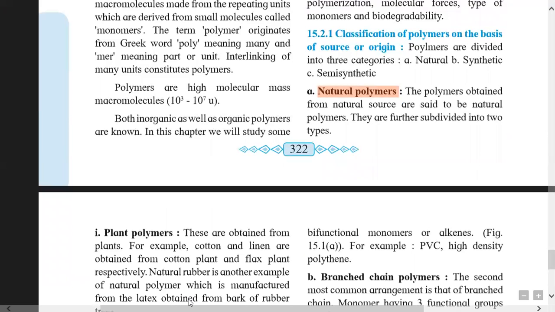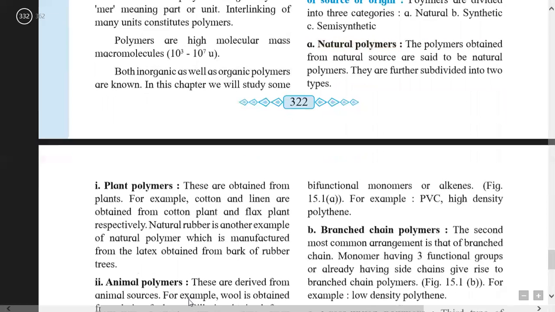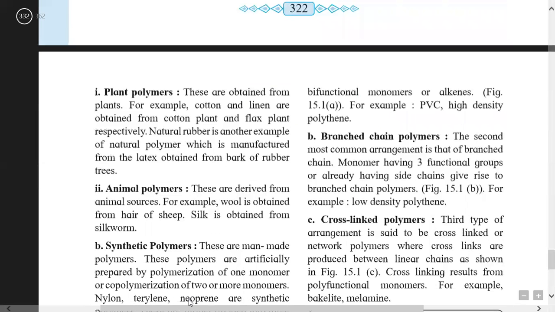They are further subdivided into two types. So naturally we get polymers from plants and animals. Accordingly, these polymers are called plant polymers. Plant polymers are also called vegetable polymers. Now, what are these plant polymers? They are obtained from plants.